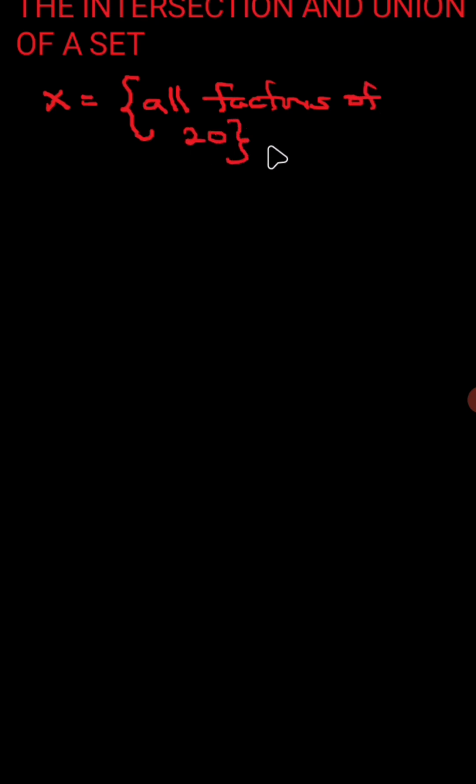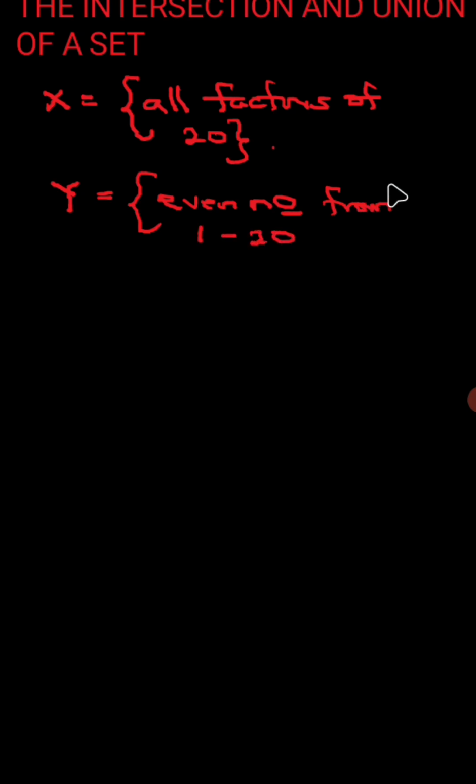So let's say we have a set X this time and another set Y. We have a set X which is all factors of 20, and let's say we have another set Y, even numbers from 1 to 20.